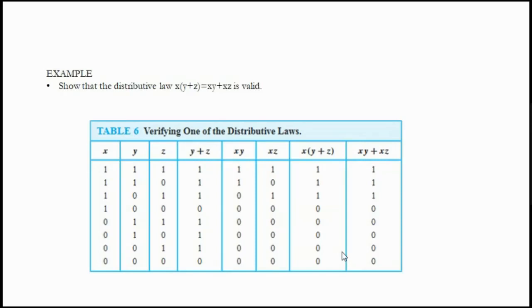And here is an example. Show that the distributive law x of y plus z is equal to xy plus xz. Here, how many variables are there? 3 variables: x, y, and z. You form a table and compute y plus z, xy, xz, then x of y plus z, and xy plus xz.